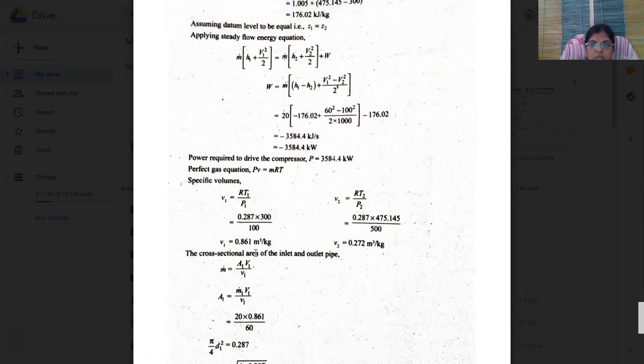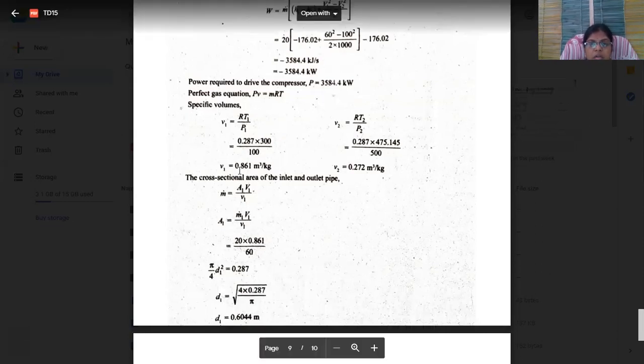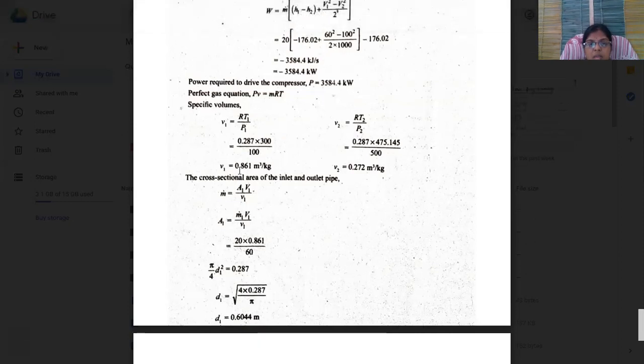Now the cross sectional area of the inlet and outlet pipe. Density is equal to mass by volume. So mass is equal to density into volume. Volume is nothing but area into velocity, and density is replaced with 1 by specific volume.